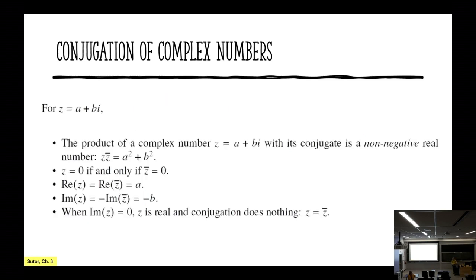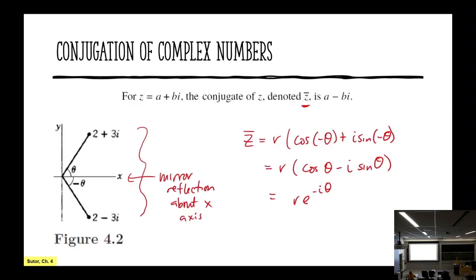Any complex number can be written in rectangular form, and if we wanted to add, subtract, and multiply complex numbers, they follow the same ordinary rules of algebra, and we just have to remember that i squared is minus 1. So it's easy to see that the conjugate of the sum of two complex numbers, I guess I'll write that here, is the sum of the conjugates of the numbers.